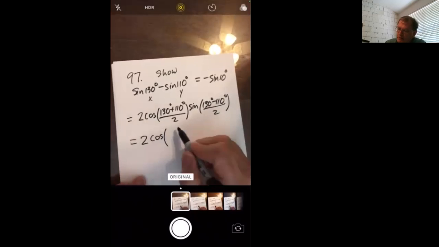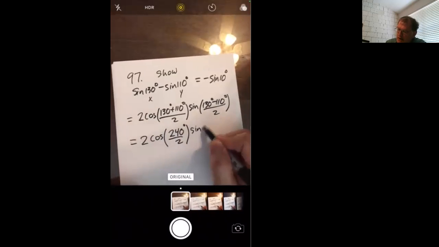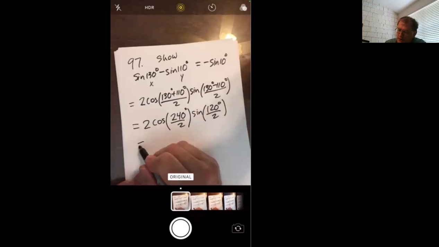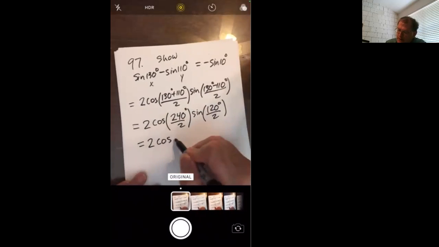All right, we're going to see if we can wind this down and make it come up negative sine 10 degrees. Twice cosine, 130 plus 110 has to be 240, wouldn't it? 240 degrees divided by 2 is 120 degrees.